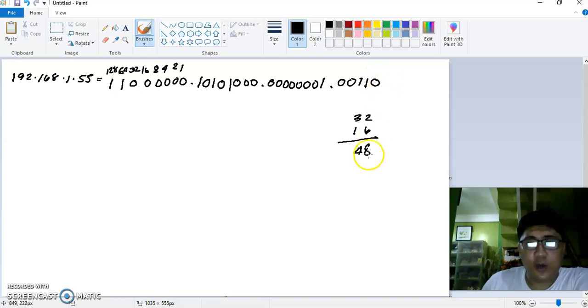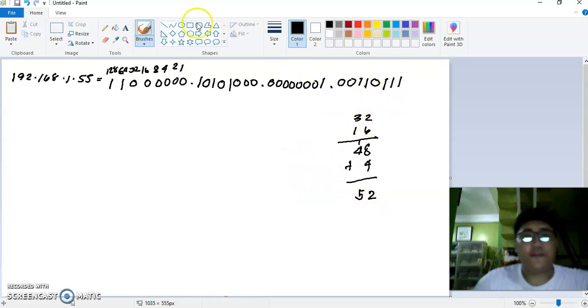If we add 4, we have 52, so we can use the 4. Next, if we add 2 and 1, that becomes the complete 55.